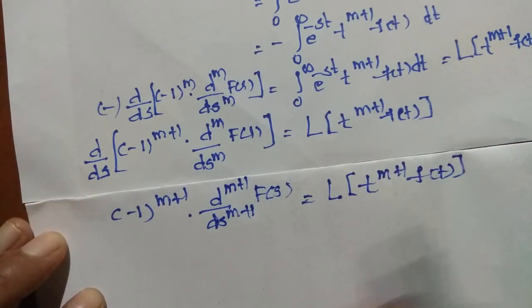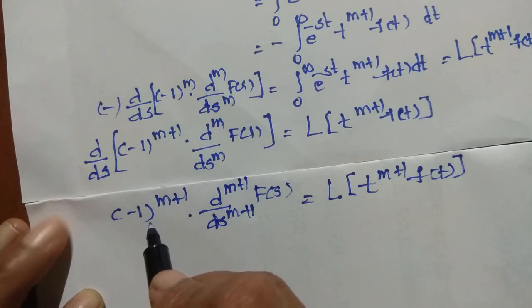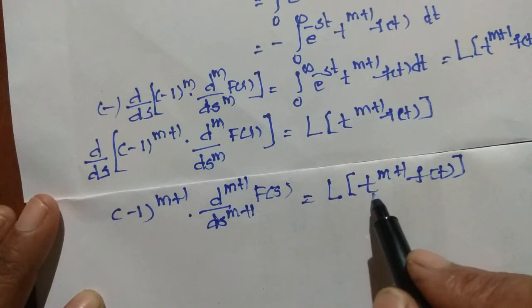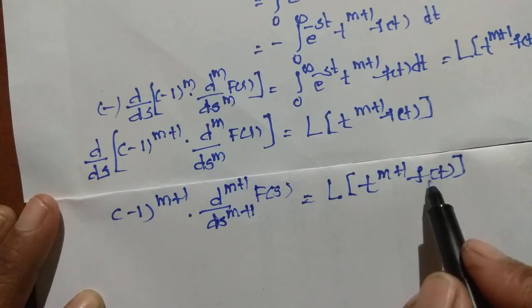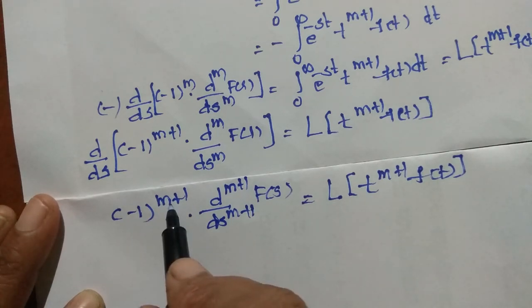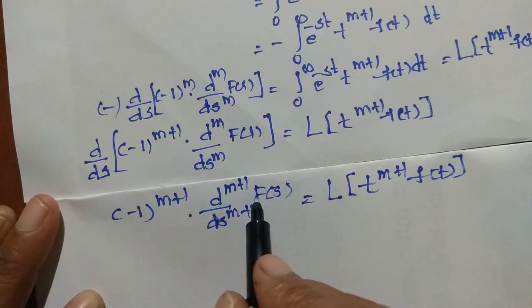So which proves statement 1. What is the statement? The statement is given as Laplace of t raised to n into f of t is equal to minus 1 raised to n into the nth derivative of this.